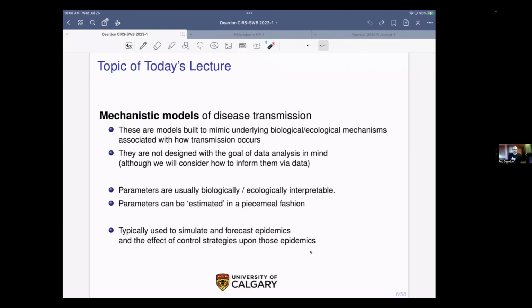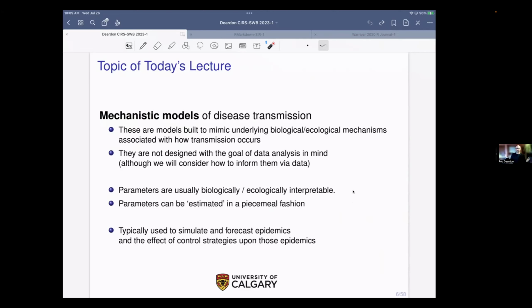But obviously as a statistician, I'm very interested in how we parameterize these models, inform them via data. One of the things that's special about these models is that the parameters generally are very easily interpretable in a biological, ecological way, right? You have a parameter that represents your infectious period, how long you're infectious for.